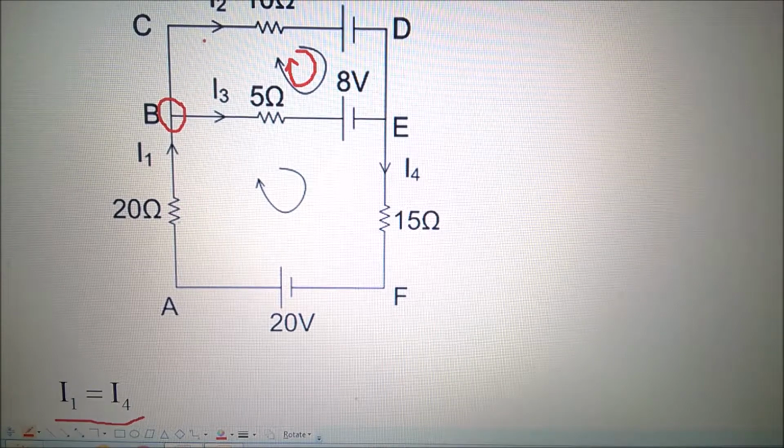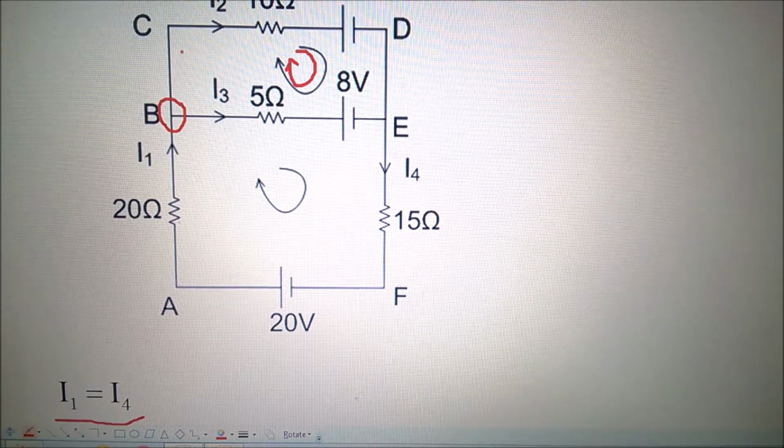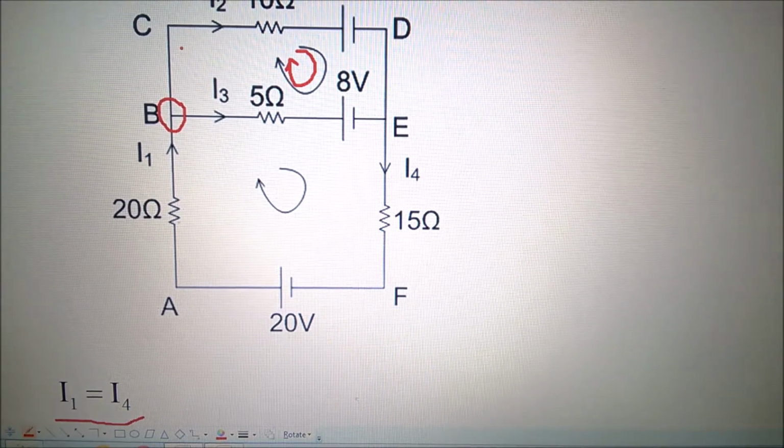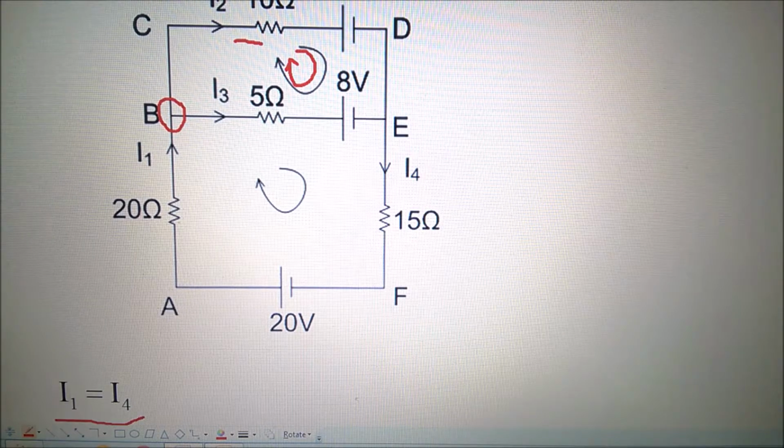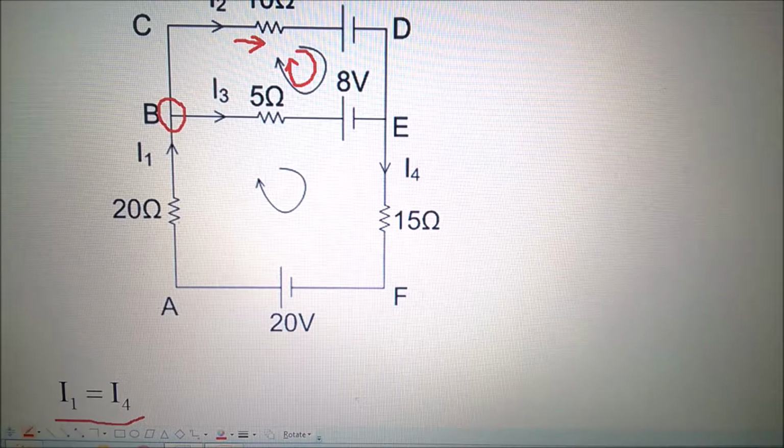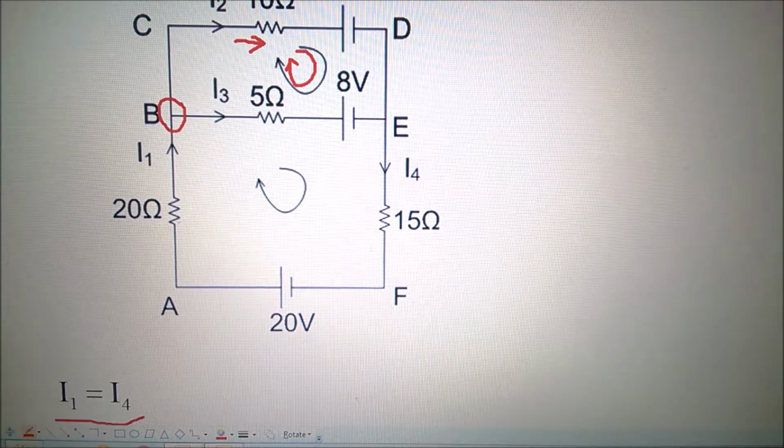Now you can see as we move from B to C, there is no current, no resistance, and there is no EMF. And as you move from C to D, first you encounter the 10 ohm resistance. We are moving in the clockwise direction, therefore along the branch current direction, from higher potential to lower potential.